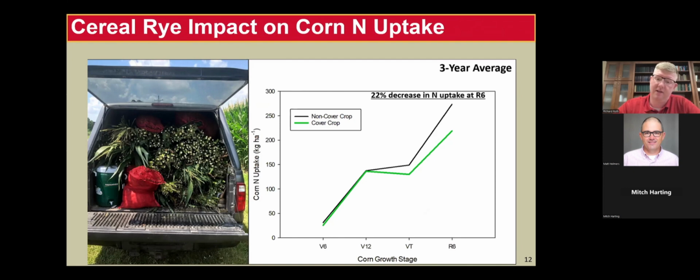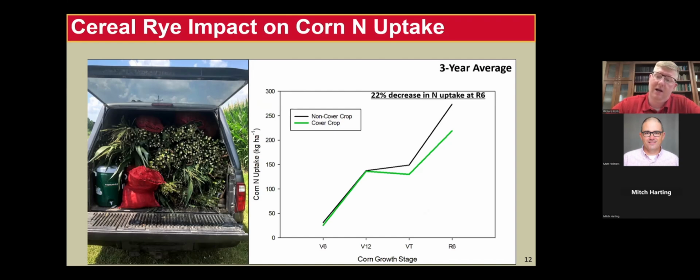So just cut the plant off at the ground, take it back to the lab and analyze it for nitrogen content. And what we found was that by maturity, we were ending up with about 22% less nitrogen in the corn where we had cereal rye versus where we didn't.